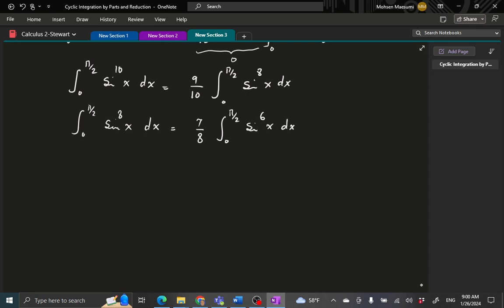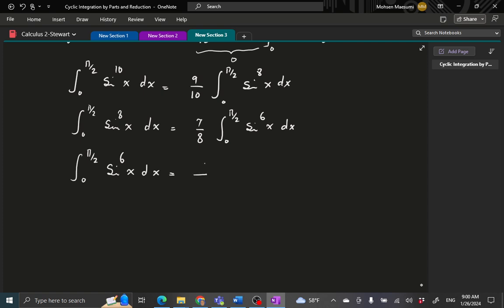Now we see the trend, so just continue that style. So sine to the power of 6 of x. Again, I invite you to pause this and calculate it two ways and see what you come down to. Okay, so pause it and come back.